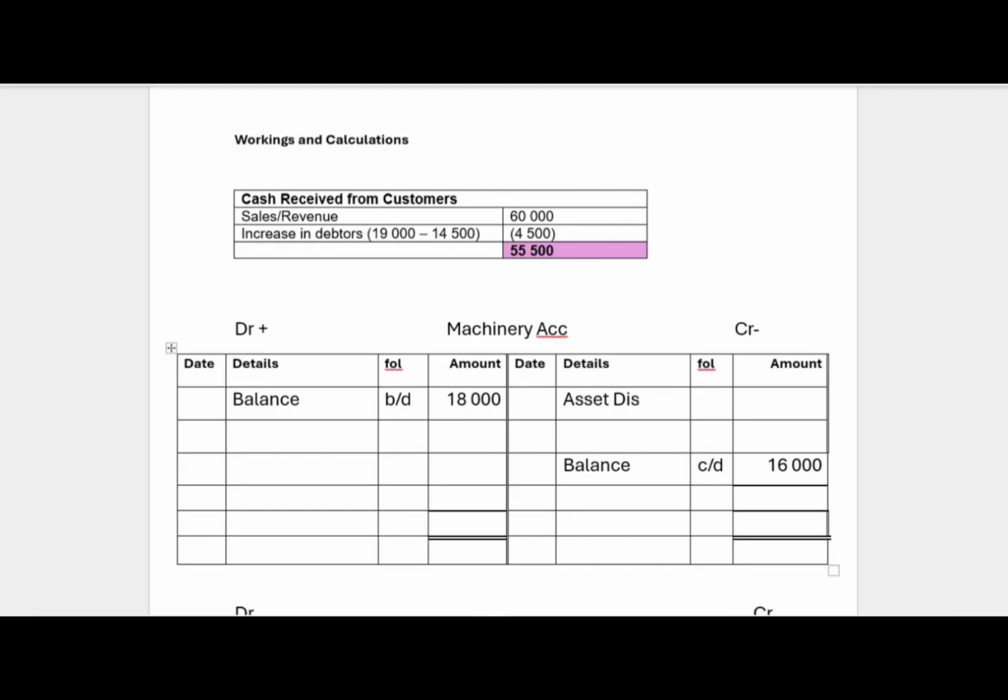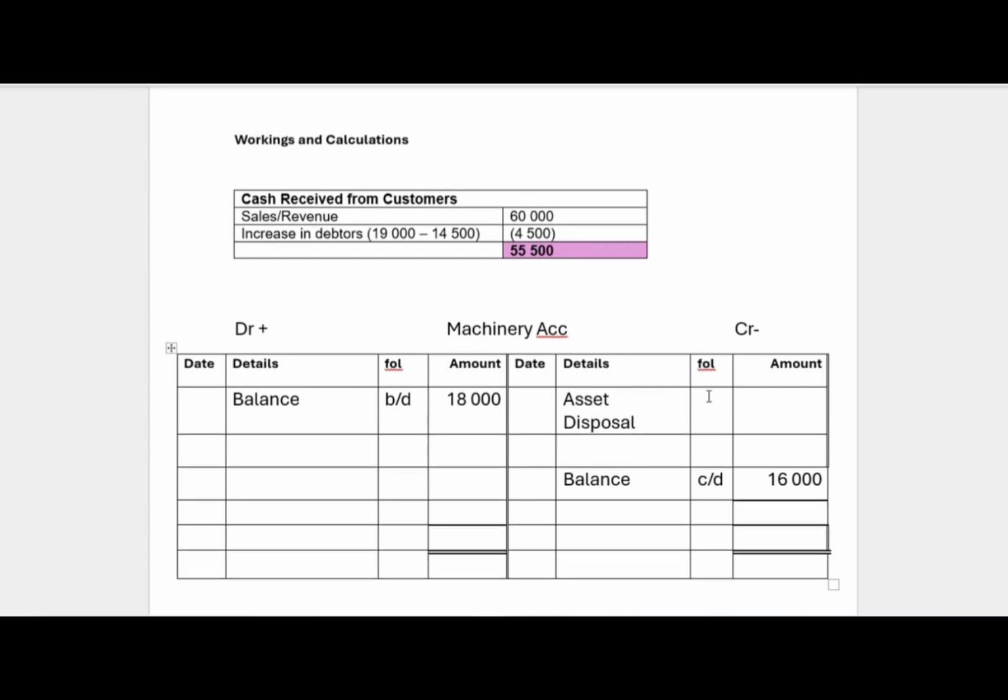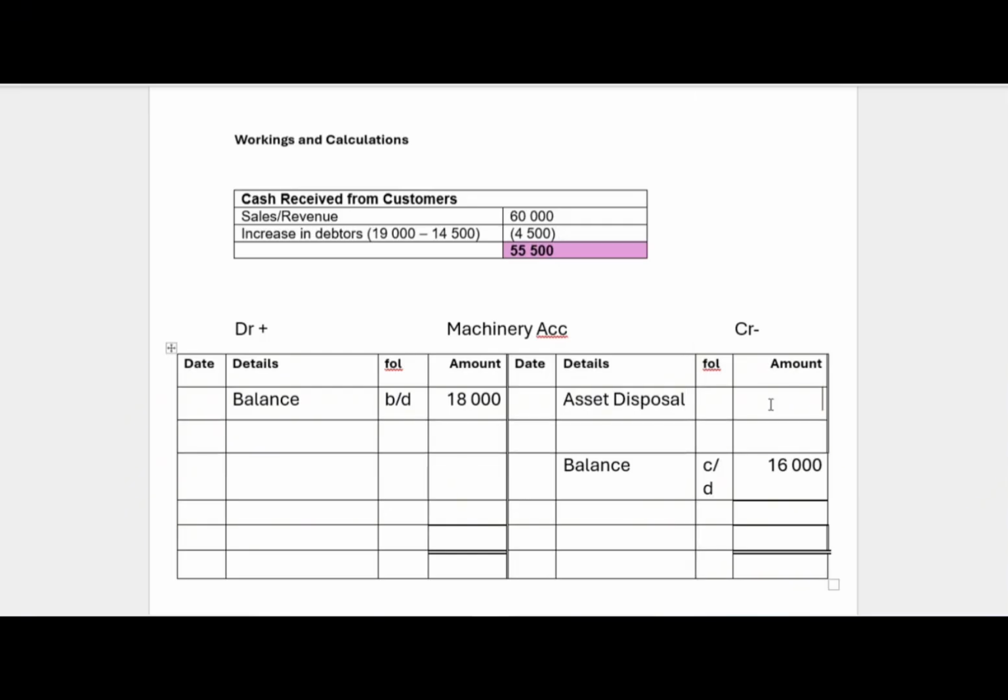So we go to the credit side and say asset disposal. And then we record the cost of 8,000, because they sold that machine that cost us 8,000 when we purchased it. So we decrease it at its own cost. Even when we add the asset, we add it at its own cost price.